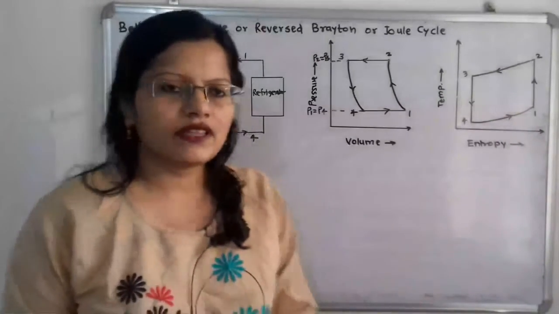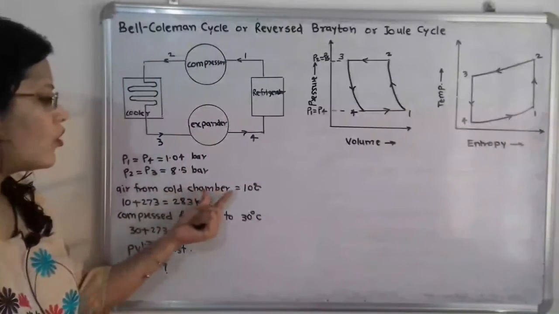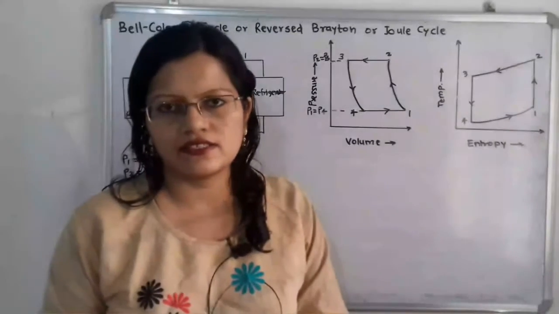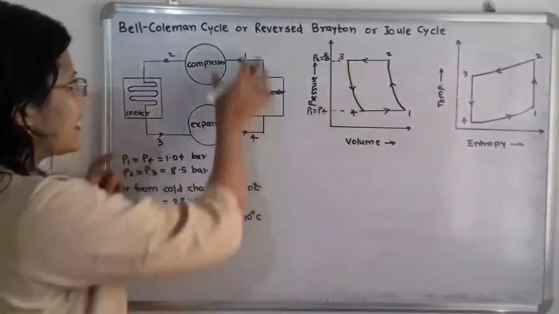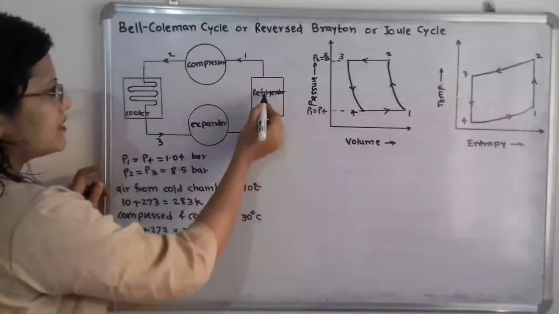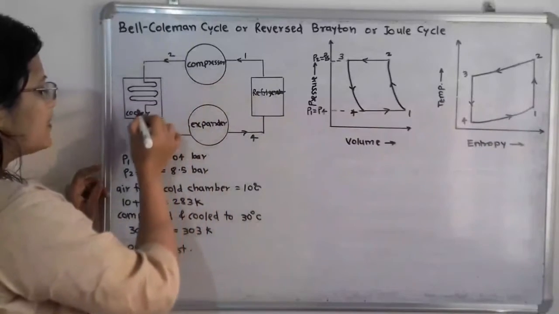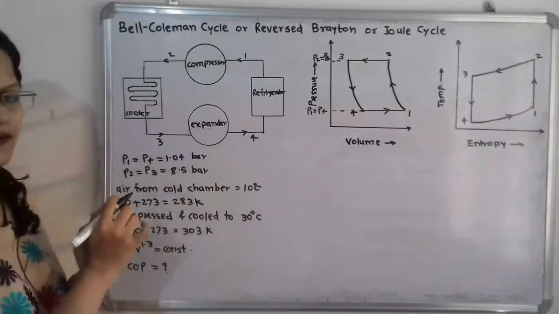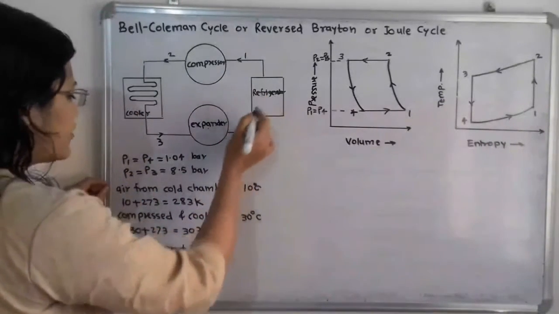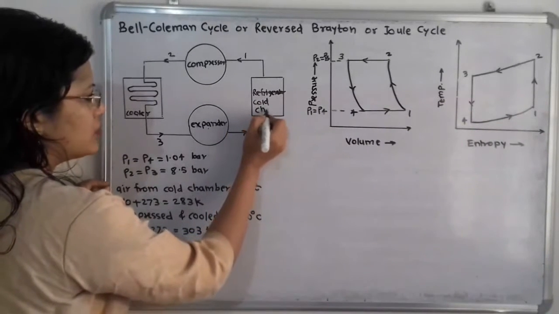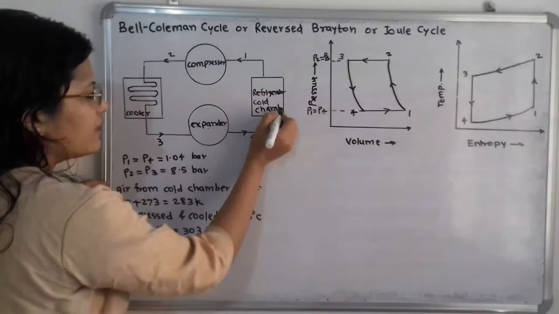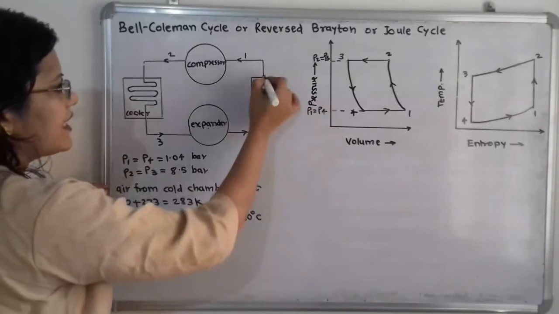Now it is given that the air from the cold chamber is at 10 degrees Celsius. These four processes take place in four pieces of equipment: the refrigerator, compressor, cooler and expander. The refrigerator is known as the cold chamber, and the air from this chamber is at 10 degrees Celsius.